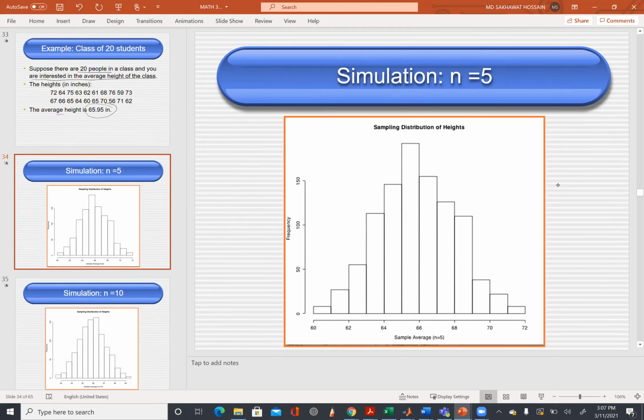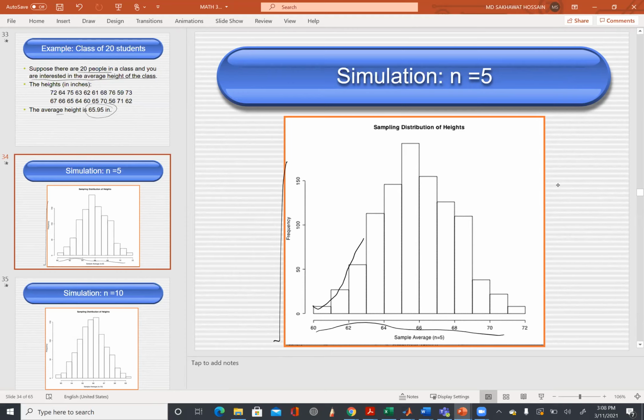This is the sample average and this is the frequency. So this is the frequency distribution for X bar, the frequency distribution for the mean. Since this is the distribution for a statistic, this is a sampling distribution, the sampling distribution of heights.